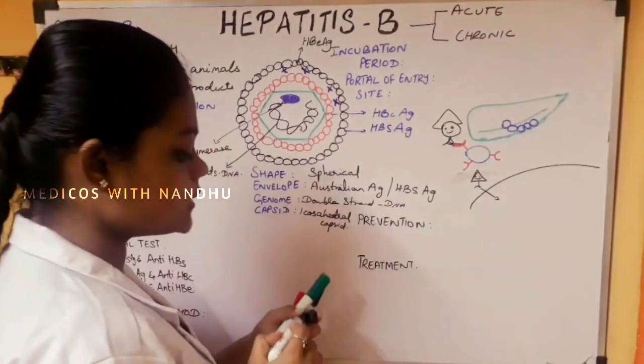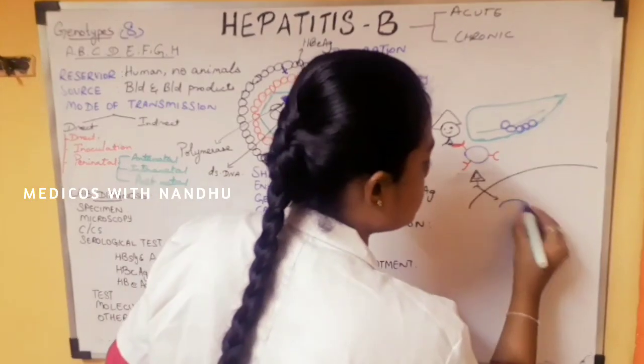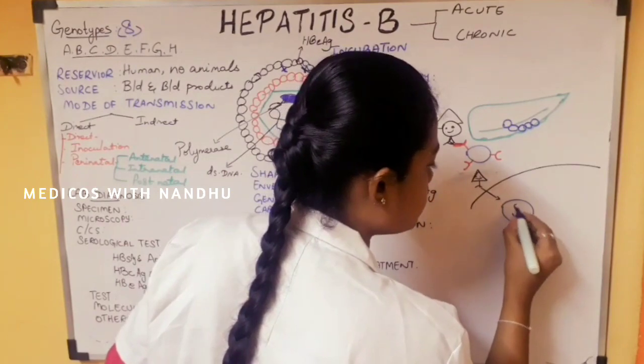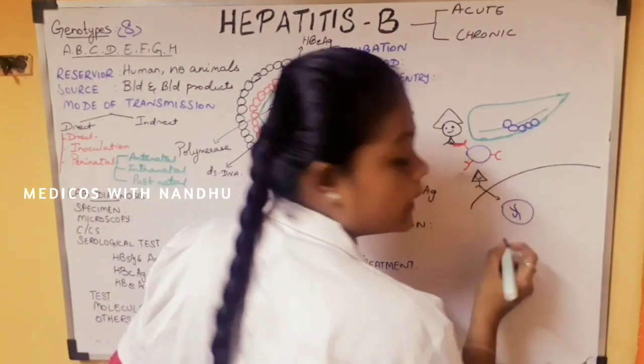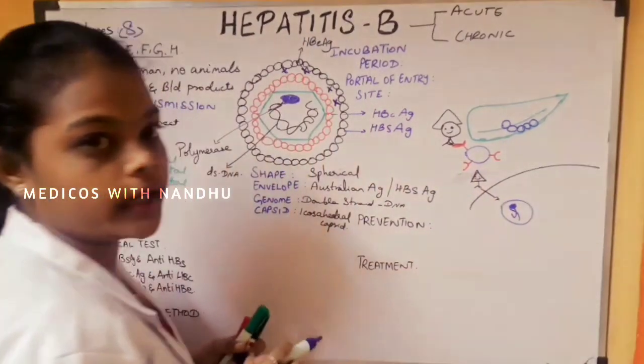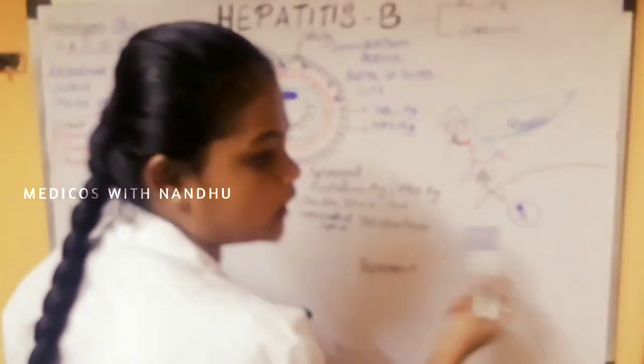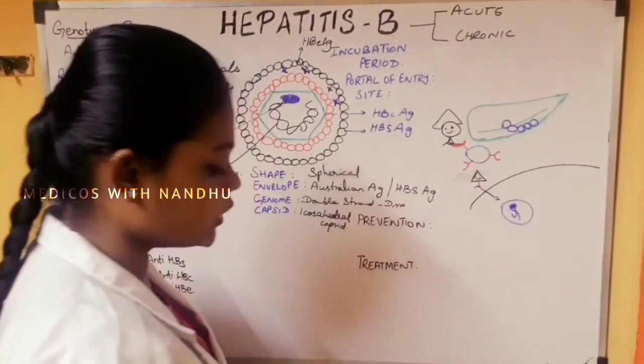This virus enters the cell membrane. Let us assume the virus here: double stranded DNA and DNA polymerase is present here. Any doubts? Okay. So this structure will enter the nucleus.